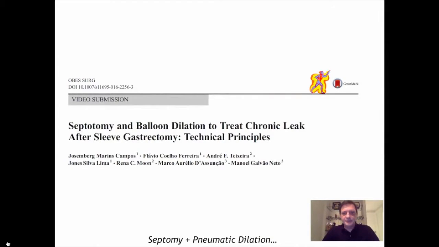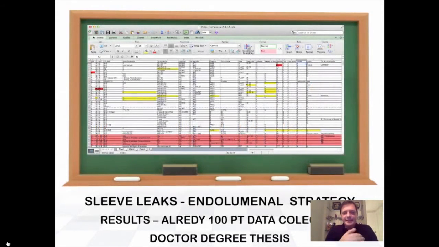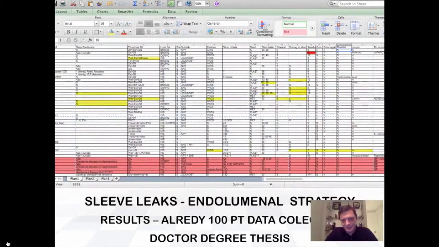And this is a very recent one that was published in a bariatric surgery journal. As a matter of experience with this method, we already have more than 100 patients with all data collected, and this is the subject of my PhD thesis that is running right now.